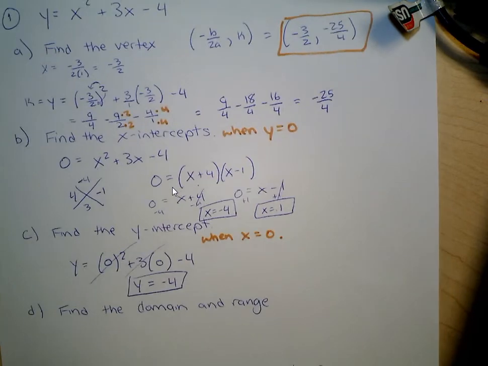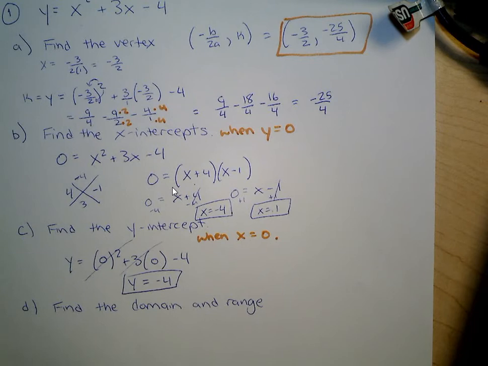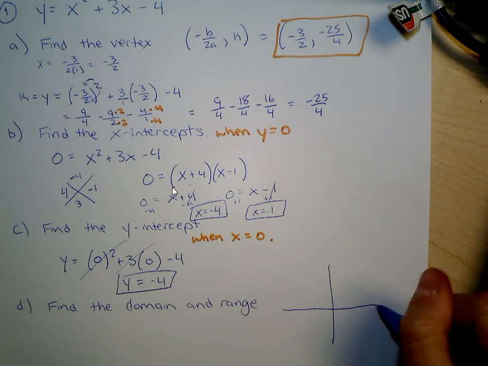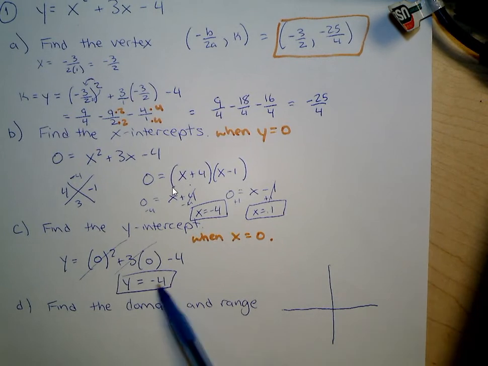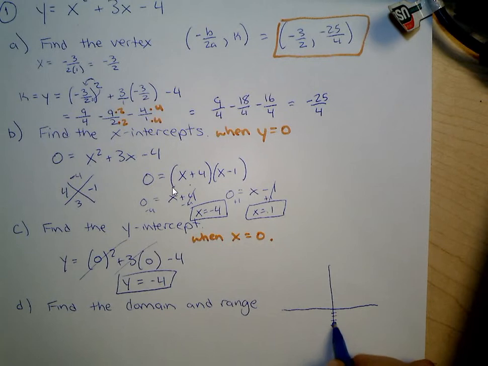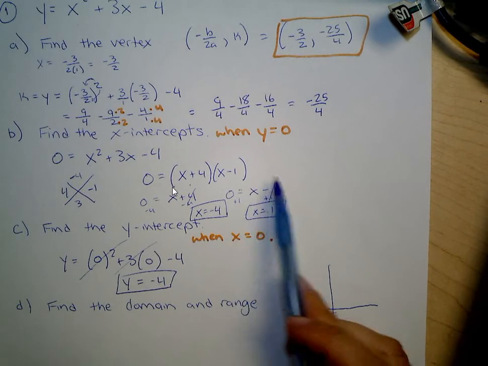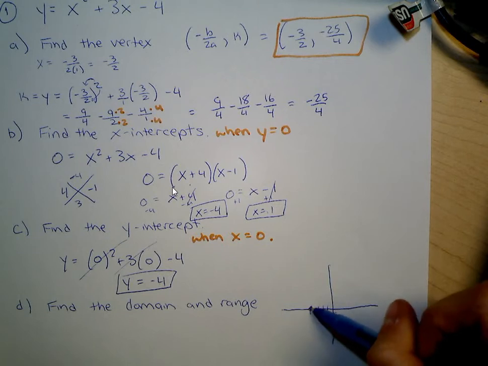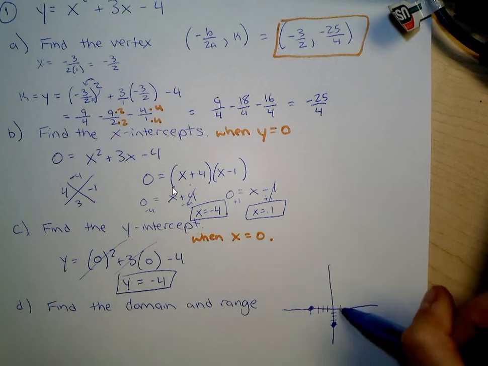Find the domain and range. Now this is personal preference, but when I find the domain and range, I always like to draw a picture. Now with this picture, I know the y-intercept is negative 4. 1, 2, 3, 4. So it's going to intersect there. My x-intercepts are negative 4, 1, 2, 3, 4, and positive 1.